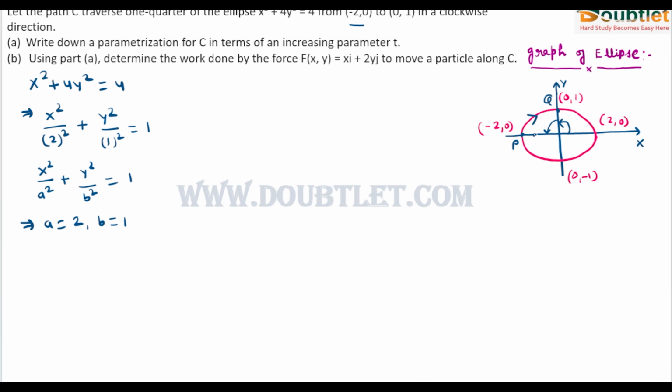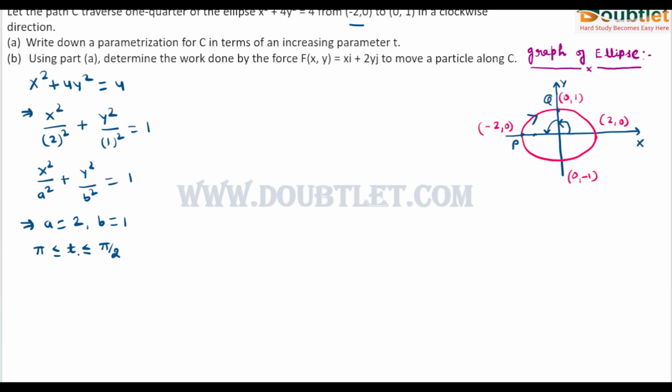So we are starting from here, so theta will be from pi to pi by 2, because the particle is initially at theta equal to pi, and moving to q, which is pi by 2.